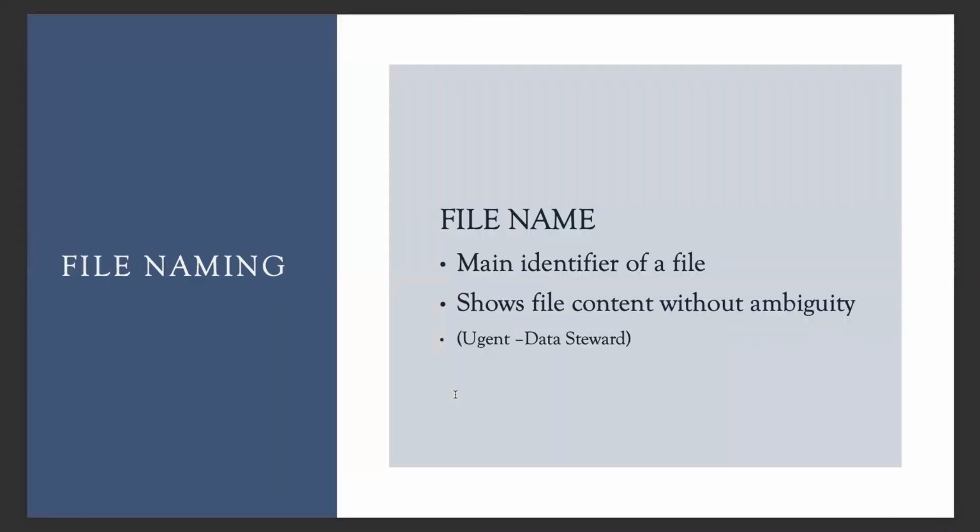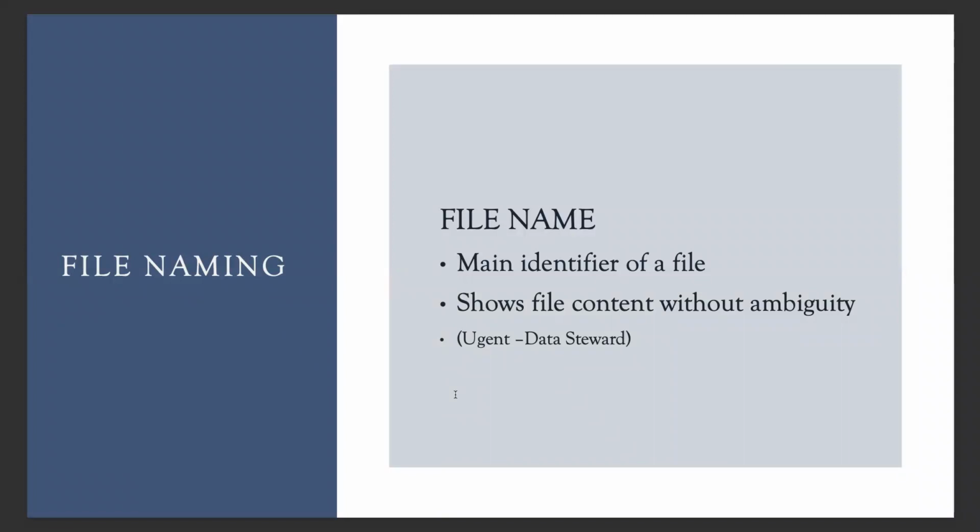File naming is one thing that we have to be very careful about. What is the file name actually doing? It is actually the identifier of a file. If you do not name a file properly, you will never remember what the file is about, and you may name 2 files so similarly that you will never understand which file is for what.